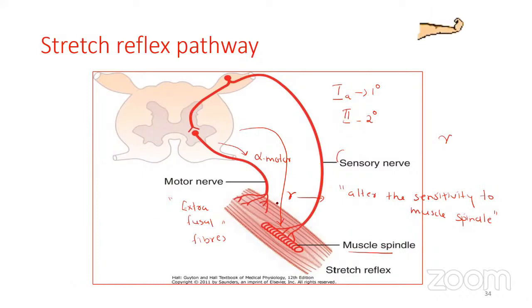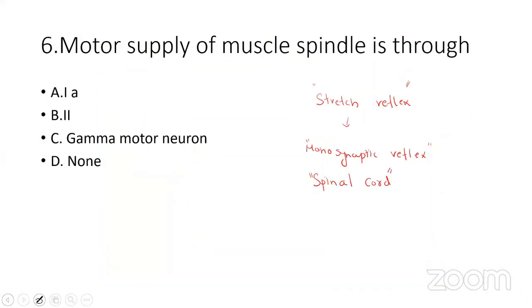So gamma motor neuron is the efferent connection to the muscle spindle. Alpha motor neuron is to the contractile elements. So the answer to our question is gamma motor neuron. Motor supply to the muscle spindle is through gamma motor neuron.